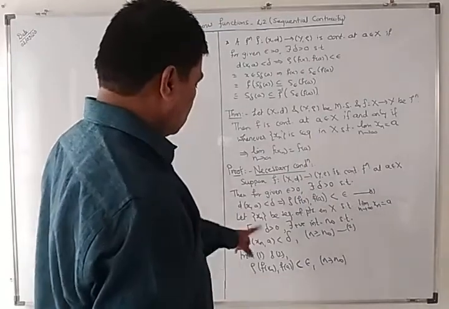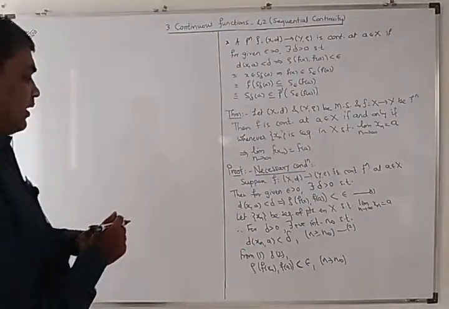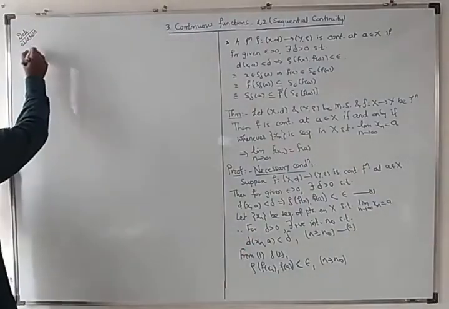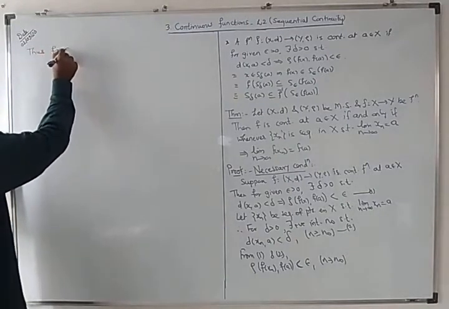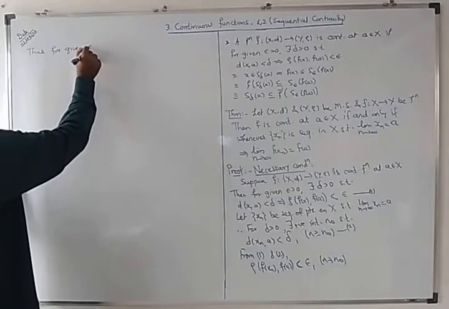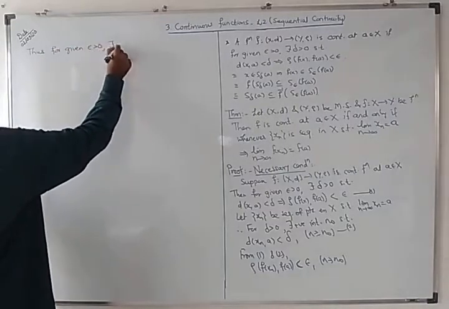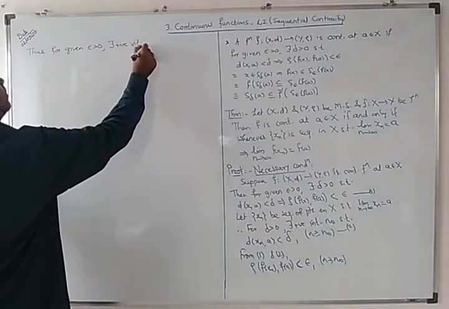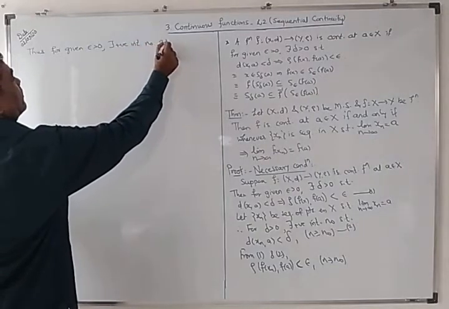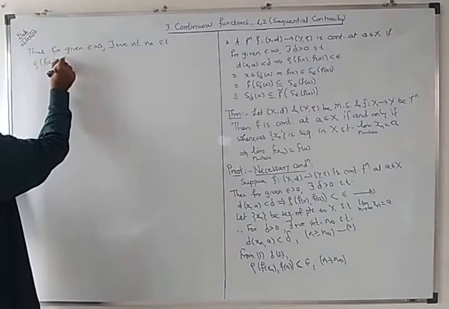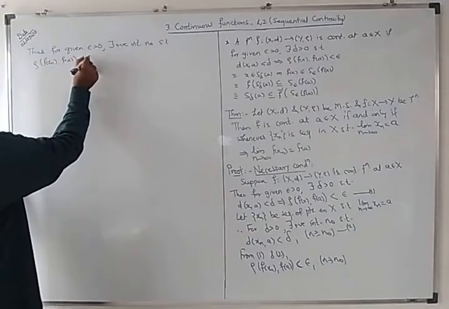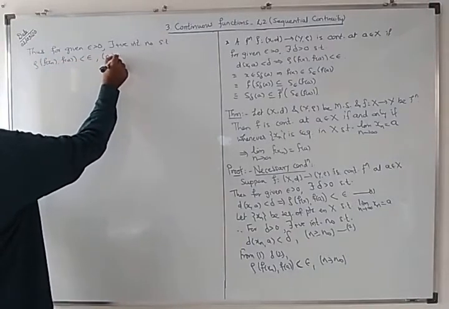Okay, so thus we get the condition that for given epsilon greater than 0, there exists some positive integer n naught such that the distance between f(x_n) and f(a) is less than epsilon for any n greater or equal to n naught.